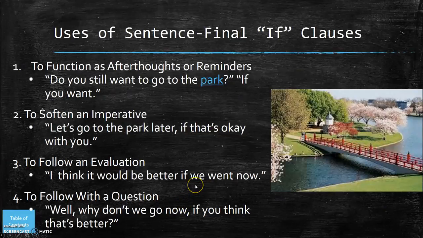Okay, use sentence final if clauses to function as afterthoughts or reminders. Do you still want to go to the park? If you want. To soften an imperative. Let's go to the park later, if that's okay with you. To follow an evaluation. I think it would be better if we went now. To follow with a question. Well, why don't we go now, if you think that's better?